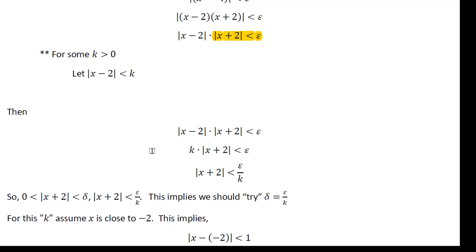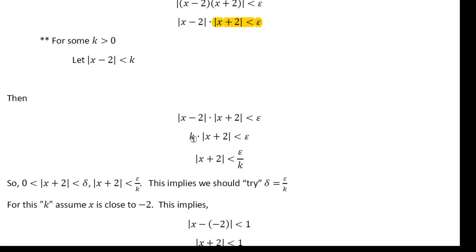So what I'm going to do is take the absolute value of x minus 2 less than k. K is a positive number. So x minus 2 absolute value times x plus 2 absolute value less than epsilon. I'm going to interchange this x minus 2 with k. So that means that k times x plus 2 has to be less than epsilon.